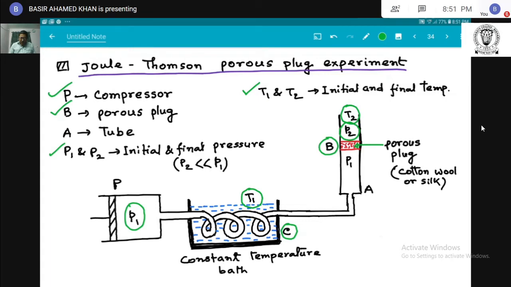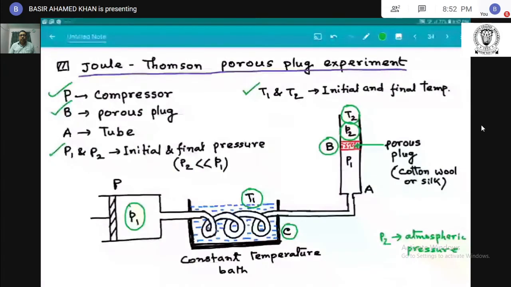P2 is generally atmospheric pressure, and P1 is much greater than P2. Now this is the experimental setup, and if the initial temperature T1 is sufficiently low, then after expansion in the porous plug experiment the gas becomes cool.